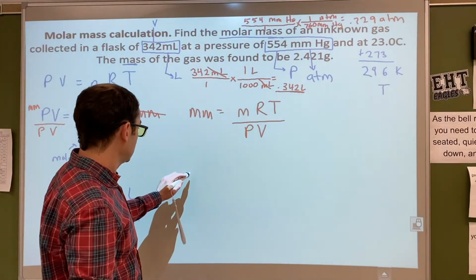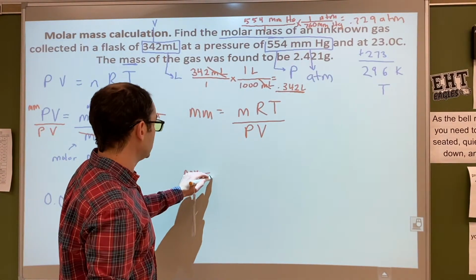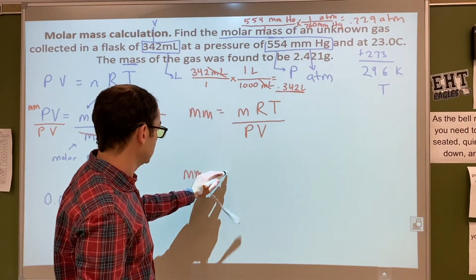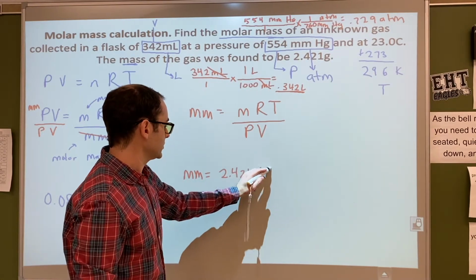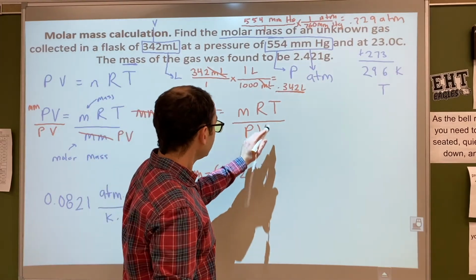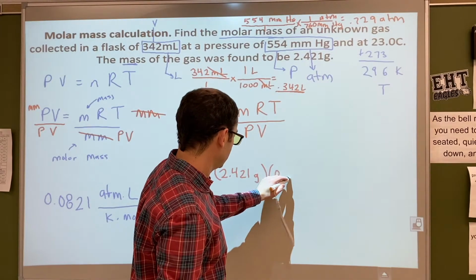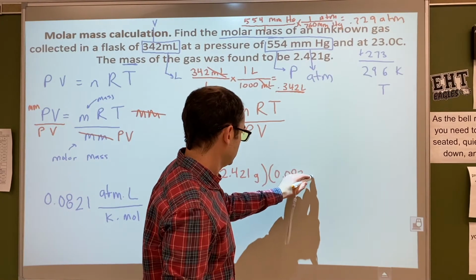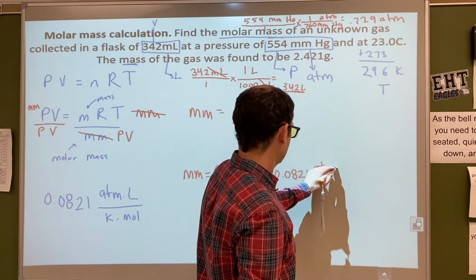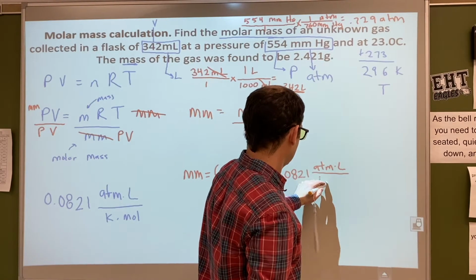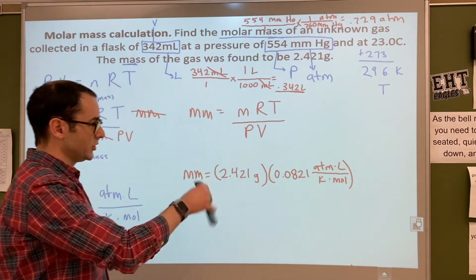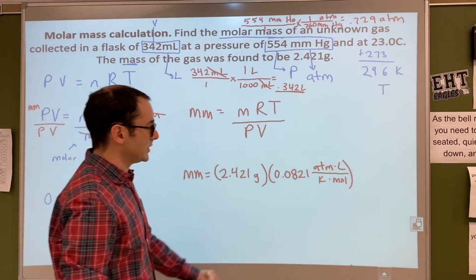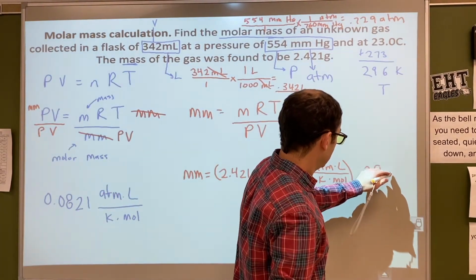So MM equals, mass was given, 2.421 grams. R we always know, with all of its units. Make sure you write them all out, because everything's going to cancel out and you get points for it.